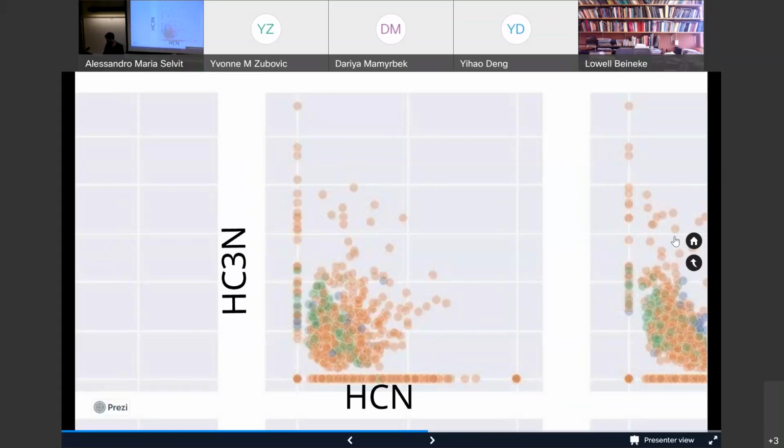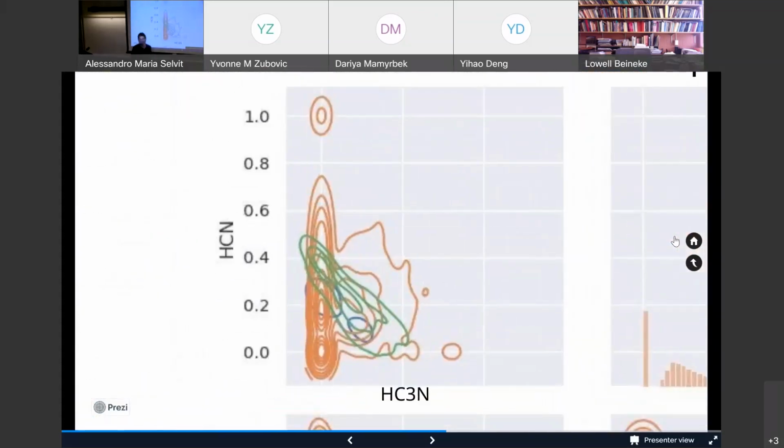The dots overlap each other, so a more elegant way of looking at this is to construct contours instead of dots, and that makes it a little easier. You'll notice that the not bubble associated, the orange, has a range of properties, and the rim has a more coherent pattern to it. The interior is in blue, which is kind of buried underneath that.